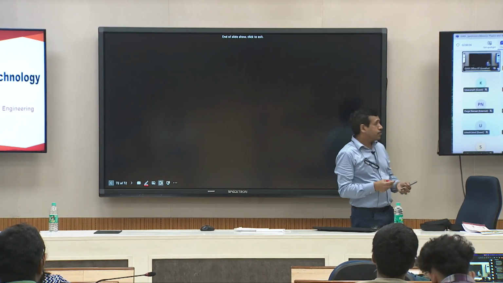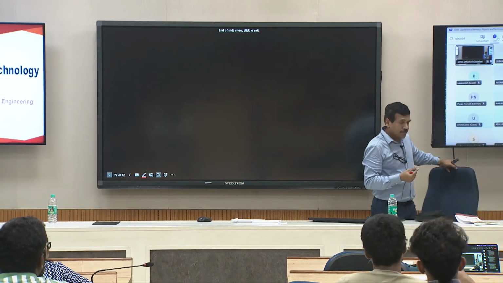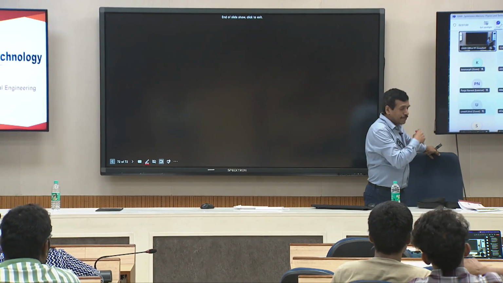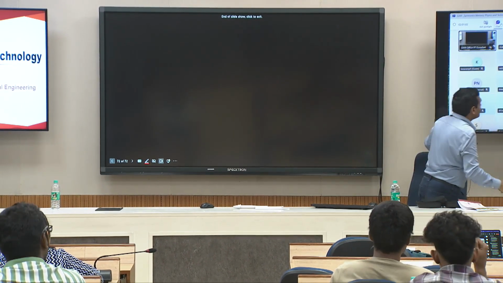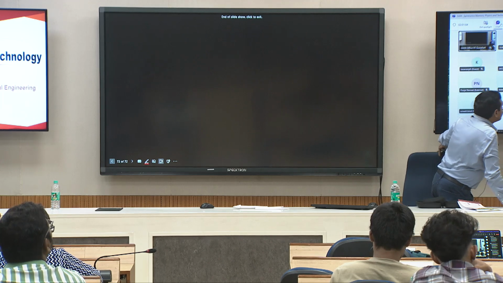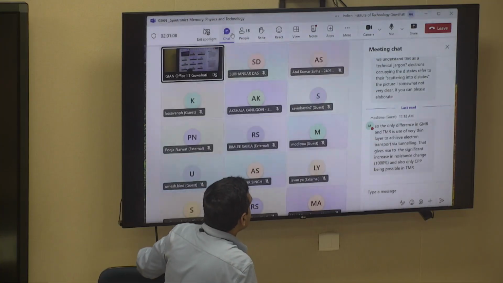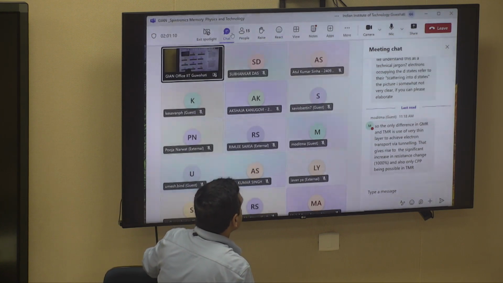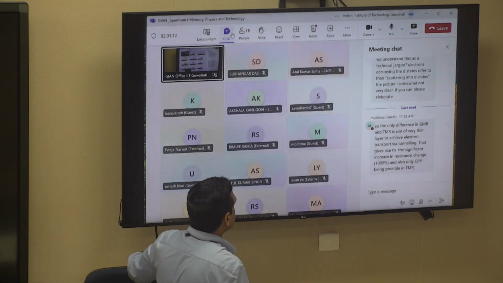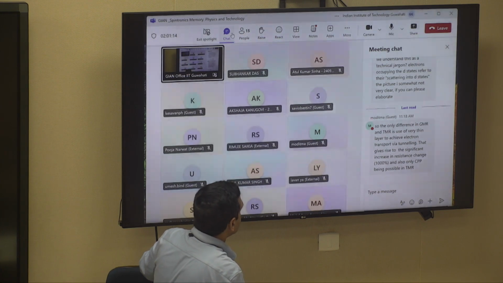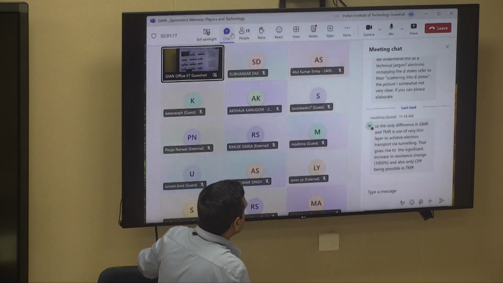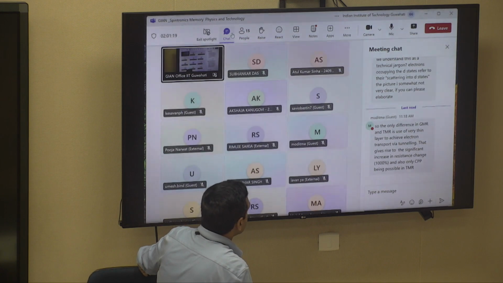You can go through the slides again and watch all the videos to understand, because some of these concepts are very tough. The only difference between GMR and TMR is the use of a very thin layer to achieve electron transport via tunneling. That gives rise to a significant increase in resistance change, and only CPP being possible in TMR.